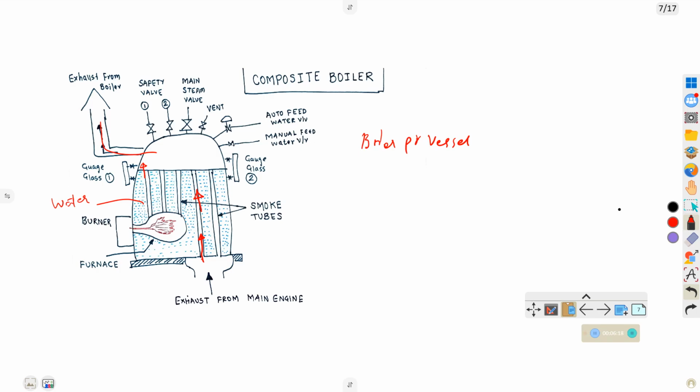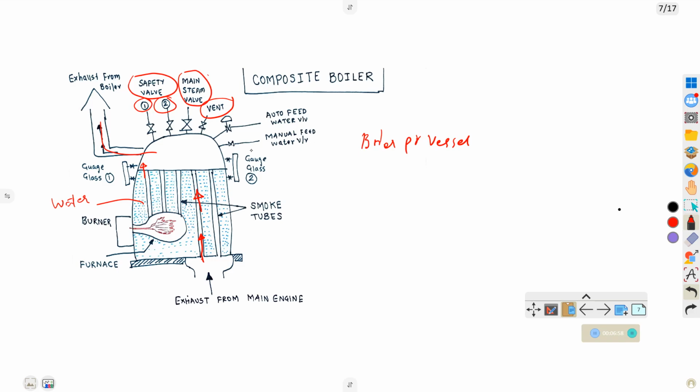Okay, so on the boiler, what are the accessories? There are safety valves, two of them. On top of the drum there is the main steam valve, from which steam is distributed to the different parts for their proper use. Along with that there is one vent. What is the use of this vent?